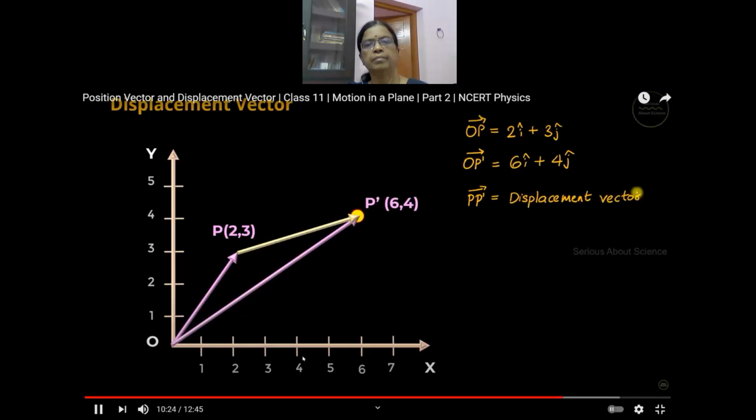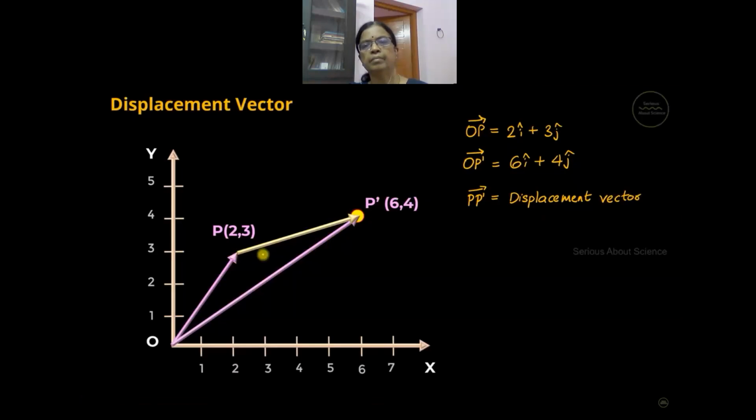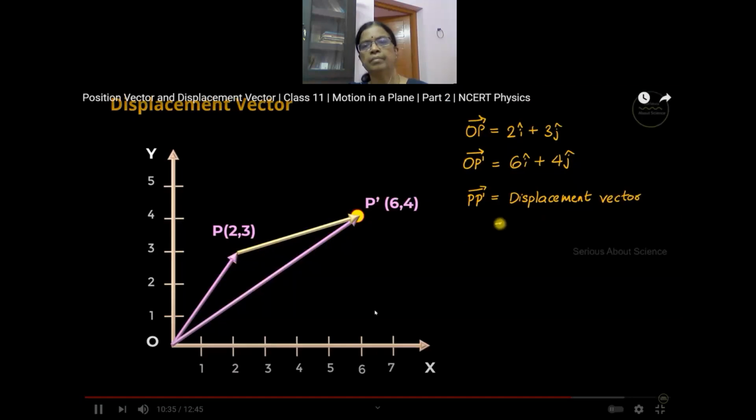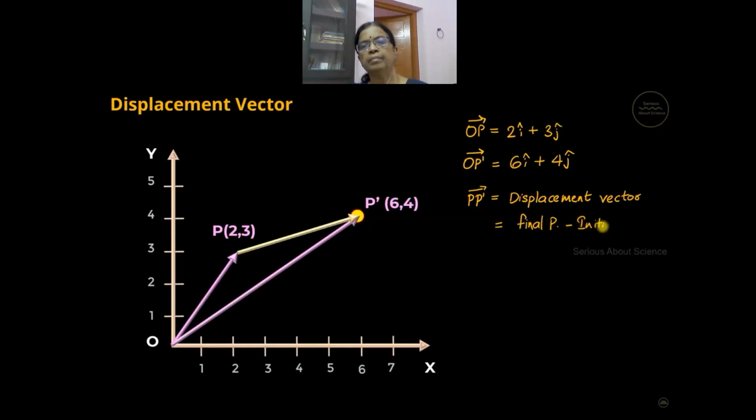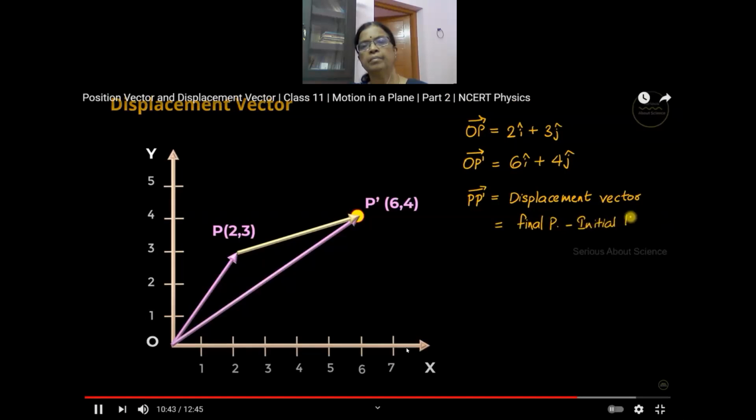It can take any of an infinite number of paths between these two points, but the final answer only depends on the initial and final point. Mathematically it is given by the final position minus initial position. So here the final position vector is vector OP dash minus the initial position, denoted by vector OP.